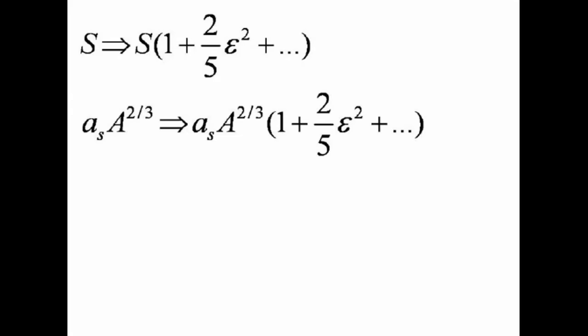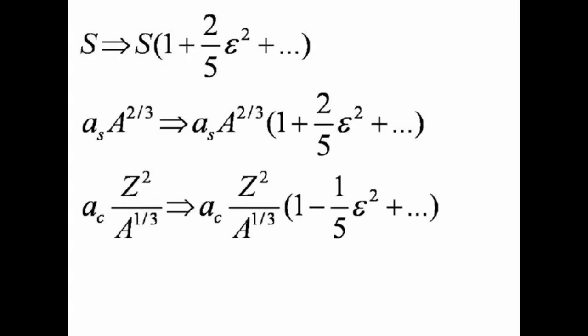Now, Coulomb energy, once again one has to make a tedious calculation how much is Coulomb energy. It will decrease because things are getting separated. So, it will decrease, and this Coulomb energy becomes A c times z square by A 1 by 3, and then 1 minus 1 by 5 epsilon square. Okay.